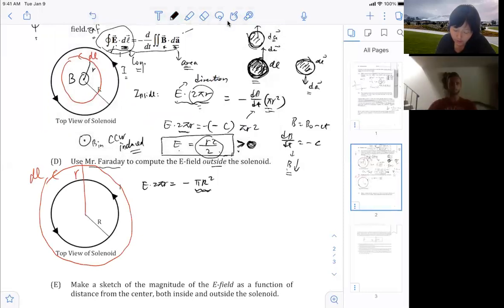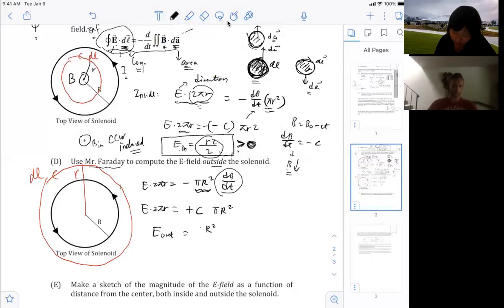You don't have any flux outside. And dB/dt, of course, is again negative c, and positive c pi R squared. So E outside is going to be c R squared divided by 2r, in the phi hat direction.